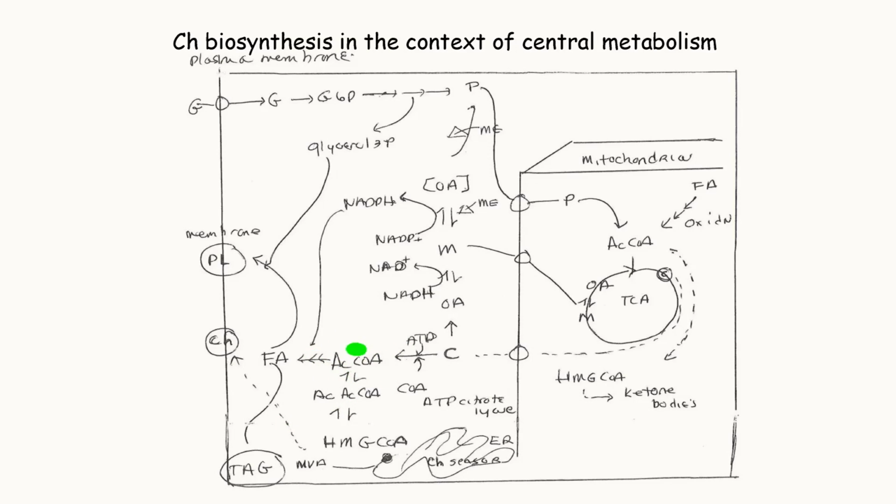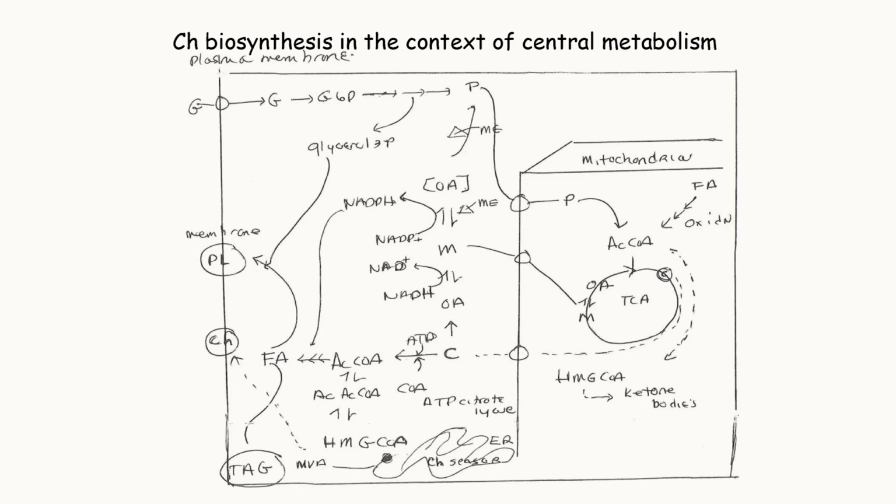But acetyl-CoA, we'll also see, is the building block to form mevalonic acid through a pathway we're going to describe now. Mevalonic acid is a key player, and its formation is rate limiting in cholesterol biosynthesis. The enzyme that makes mevalonic acid is located in this little messy thing here. That's the ER.